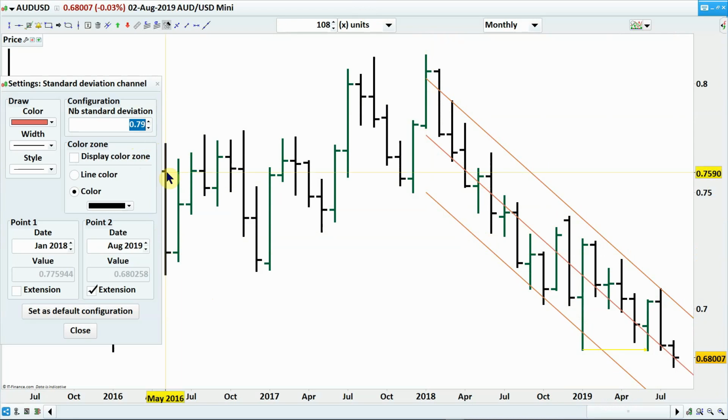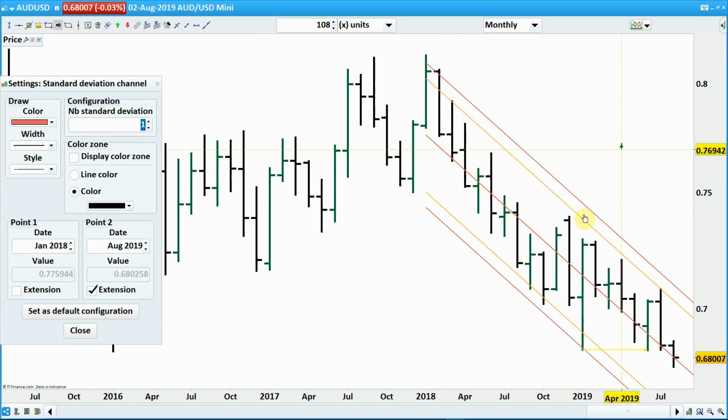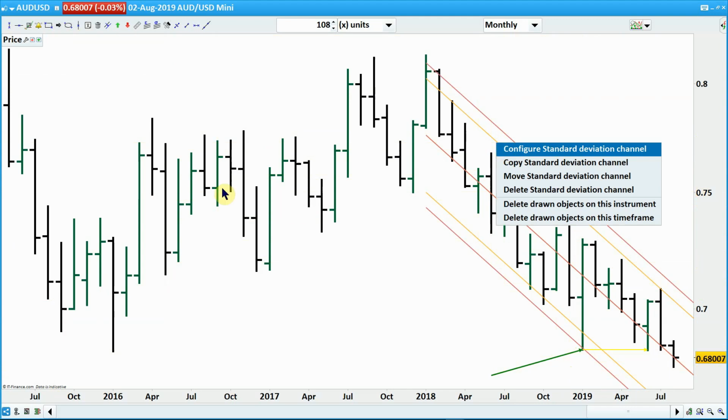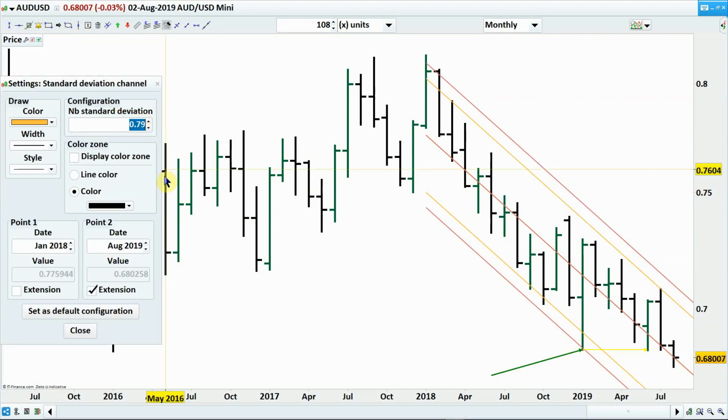So if we make this 1 and we see that not a single up move is actually touching the channel, then this channel is not useful. But if we see that the bottom is actually touching here, then we keep that 1 and then we draw another channel, which is this one in front of you, 0.786.